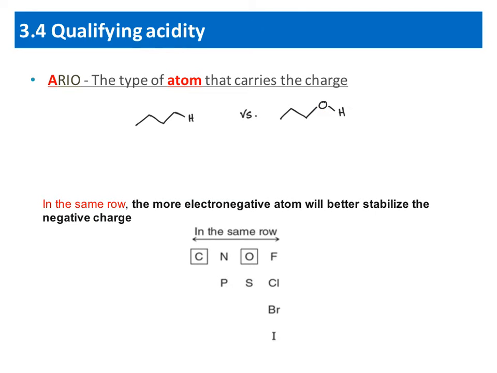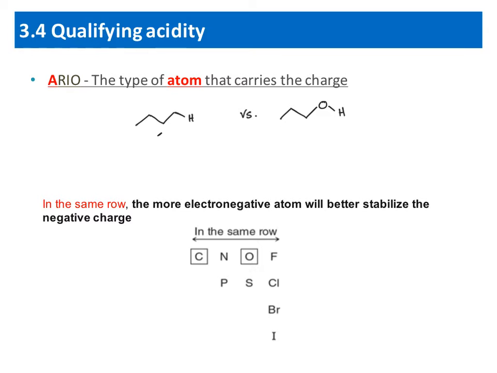Now, to determine which molecule is more acidic, we need to use ARIO here. And to use that, we first need to draw the conjugate base of each. To draw the conjugate base, we need to remove the proton from each compound.